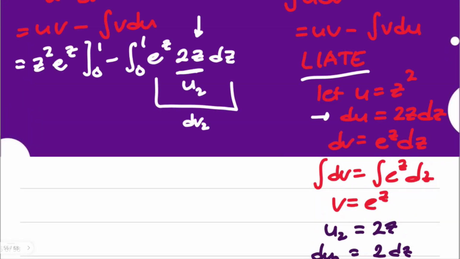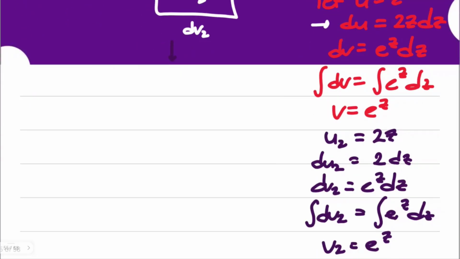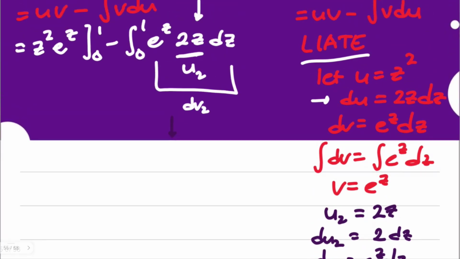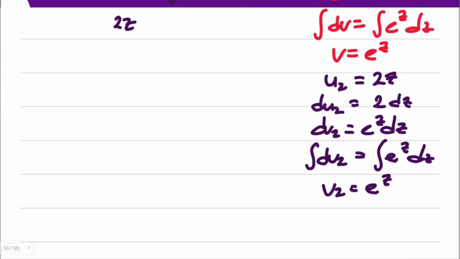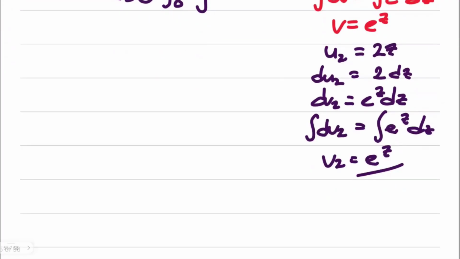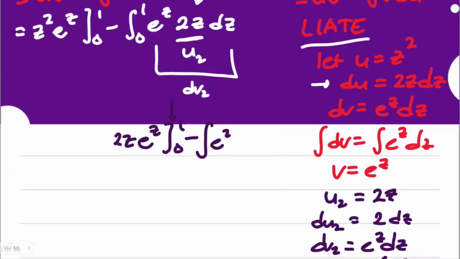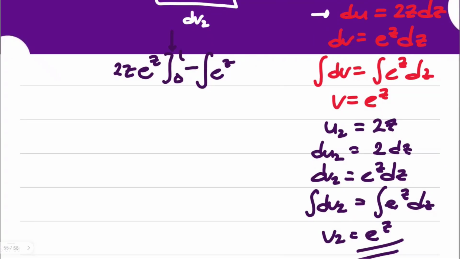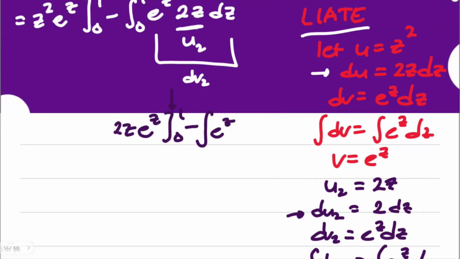That would mean for this second item, we also have another form in this manner. Take note, that's minus, so everything else will be applied later. So this is u2 v2: 2z e to the z, still 0 to 1, minus the integral of your v sub 2, e to the z, and this time our du is just 2dz.